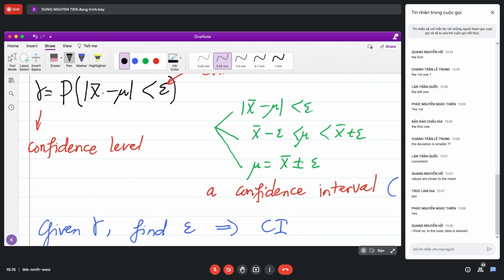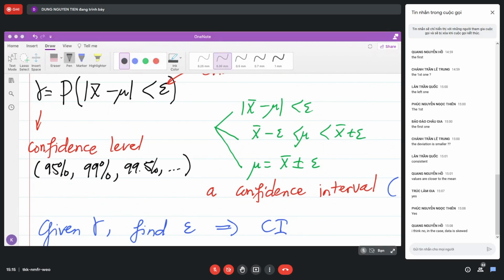Okay, the confidence level is usually something like 95%. That is the most popular value you can use in reality. In fact, sometimes you can see 99%, 99.5%, a very high value, close to 100%.